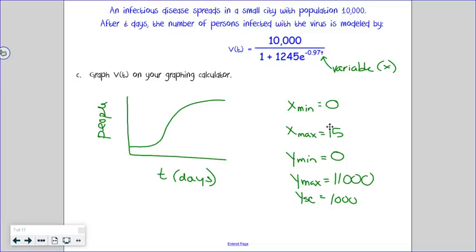Let's just double check. Your window is really not what my window is. Once you change it, then just hit graph. It kind of looks like you might have hit zoom stat or something maybe. Once you type in your window, just hit graph.